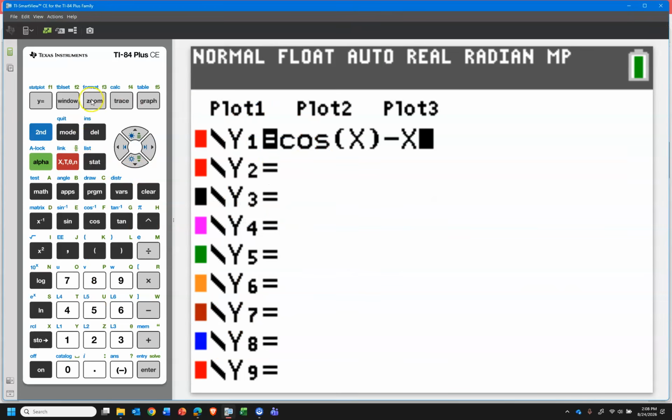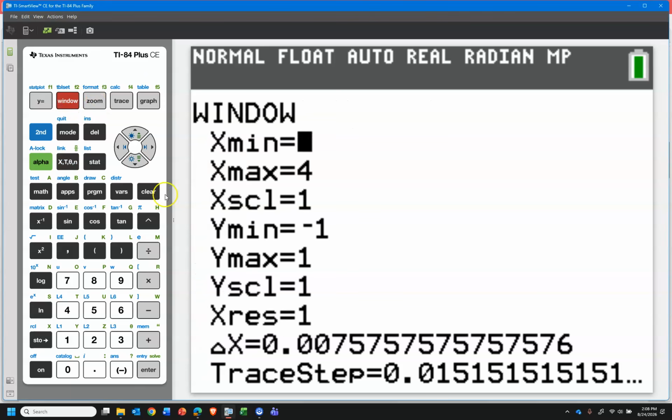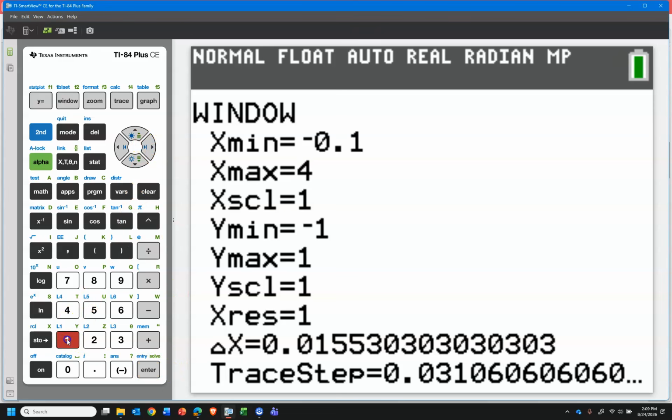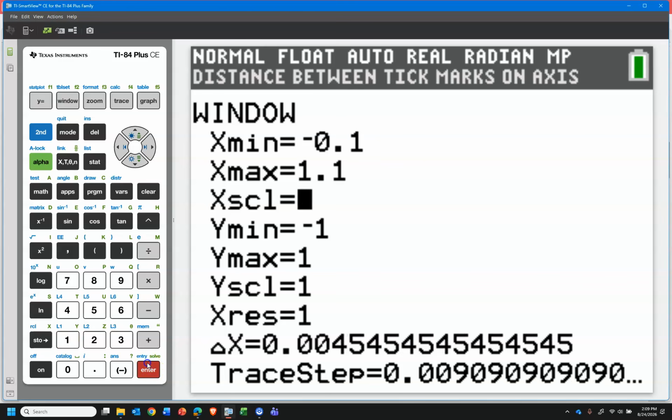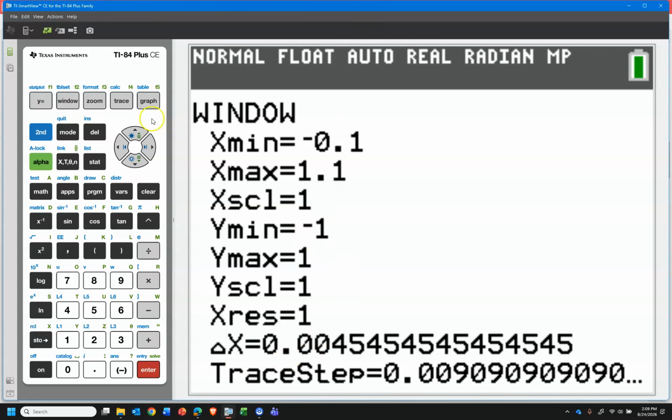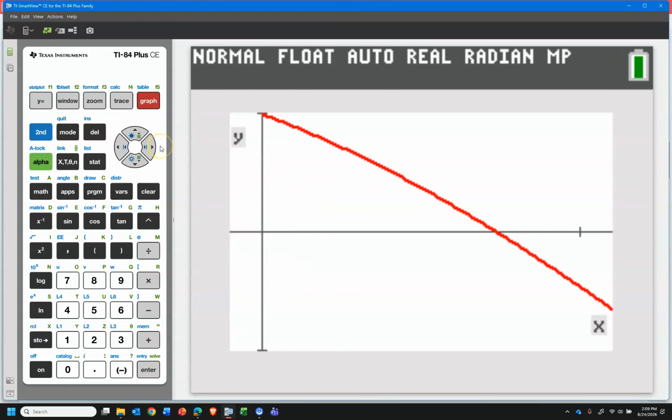Okay. And then in the window, my x minimum, I'm going to do negative 0.1. And then x maximum is 1.1. As far as y minimum and y maximum, I'm talking about cosine and subtracting 1. So I think negative 1 to 1 looks good. Okay. So this is the graph of cosine of x minus x from 0 to 1.